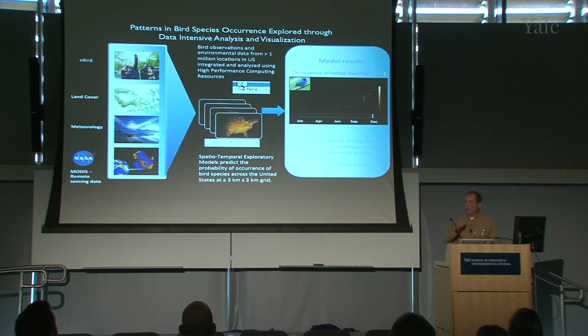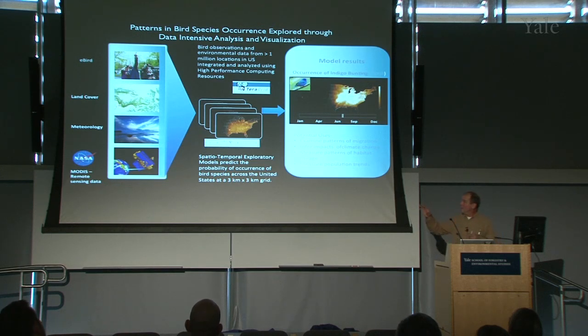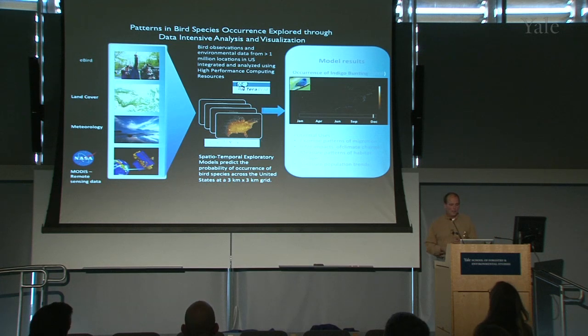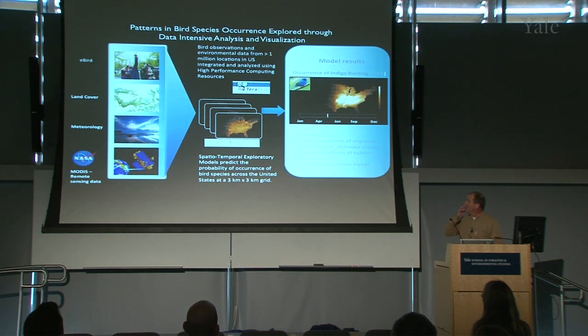We use human population data, meteorology data, and in the past we've used NASA MODIS and Landsat imagery to begin to look at and model these species distributions using a new modeling regime that we call the Spatio-Temporal Exploratory Models.